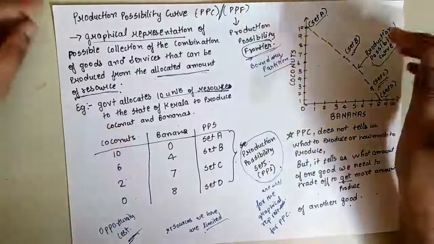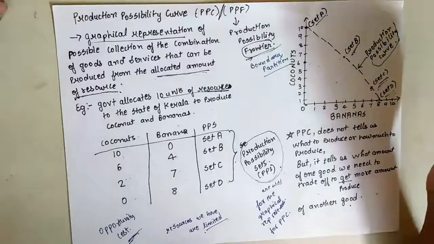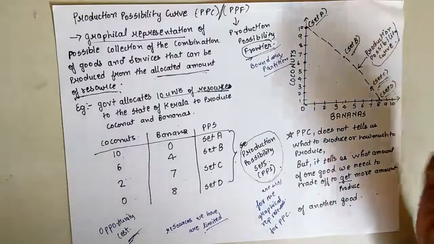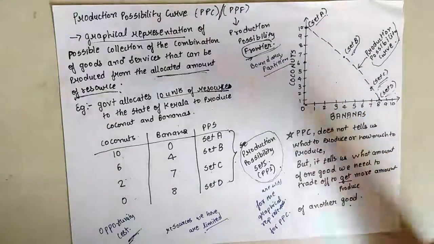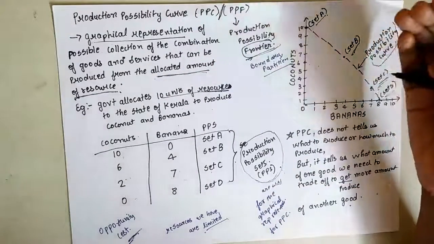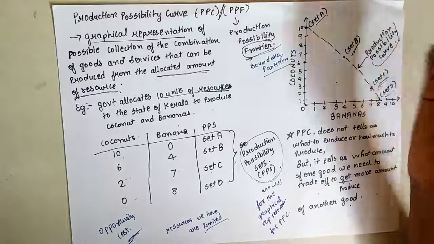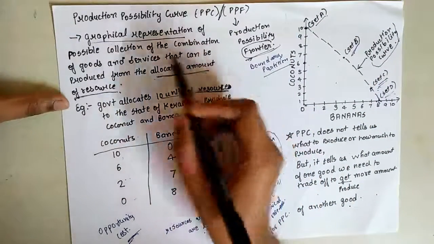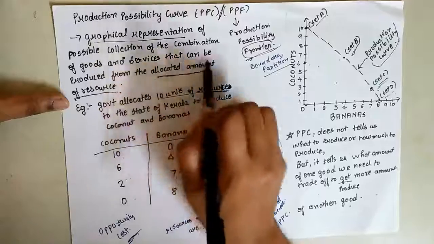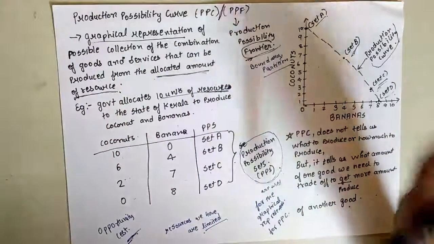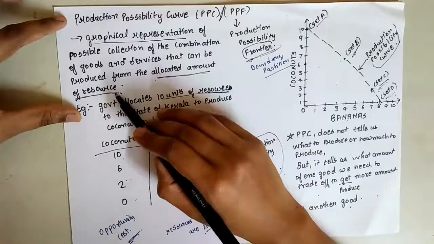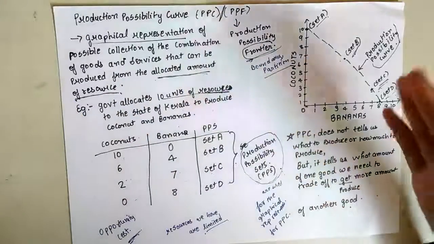Here we can say that the government allocates some resources to each society, state, or individual to produce final goods which are desirable to the people, which they could consume to satisfy their needs and wants. The curve shows the possible bundles of goods that the allocated resources will produce.